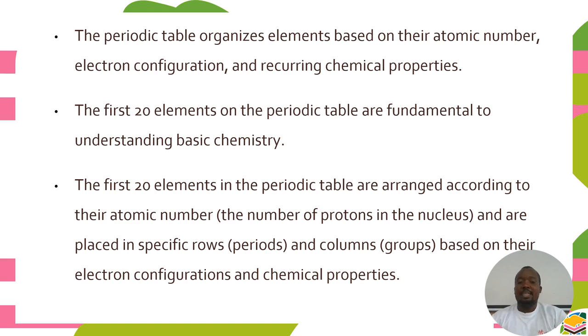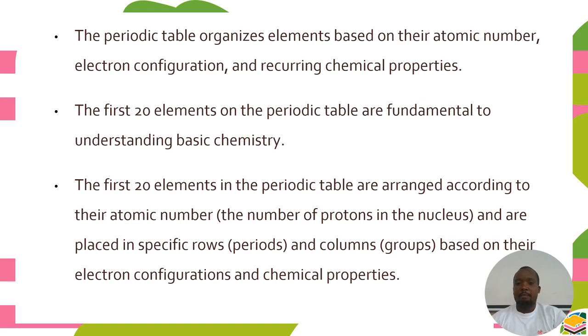So the first 20 elements on the periodic table are fundamental to understanding basic chemistry. Yes, in fact, at secondary school level, more especially the junior section, we focus much on the first 20 elements.